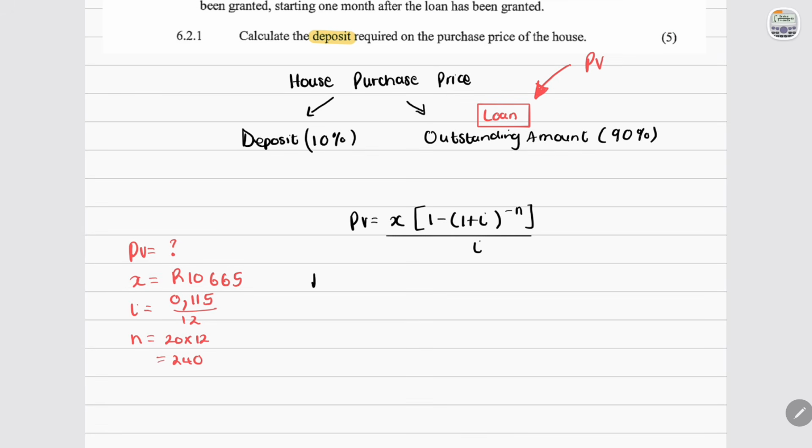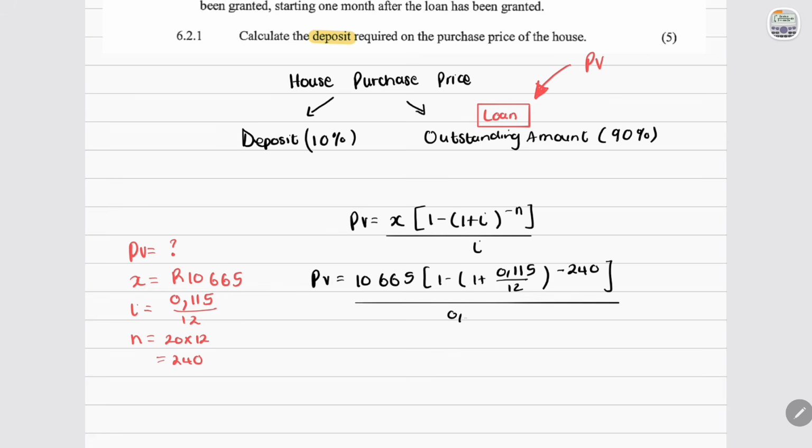So we're trying to find that outstanding amount. So we'll say this is 10,665, open bracket, 1 minus 1 plus 0.115 over 12, raised to the power of negative 240, and then all over that interest that we have. Okay, so put this on your calculator and then you're going to find that outstanding amount.